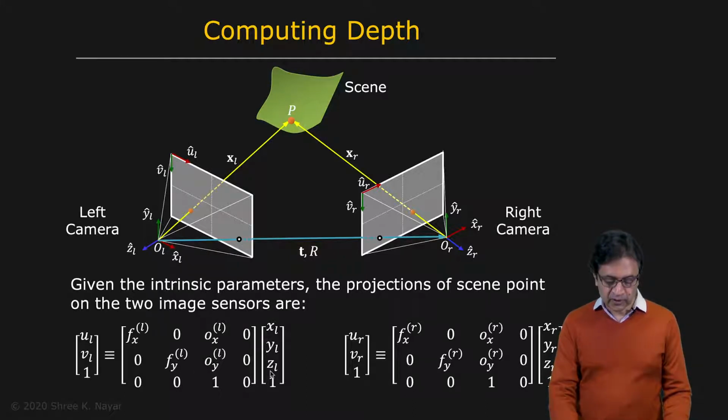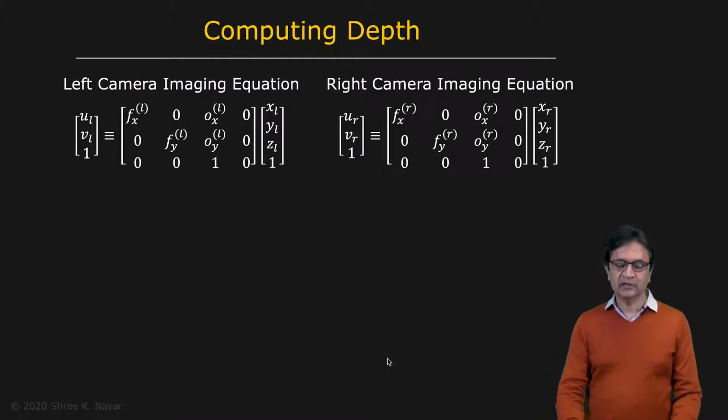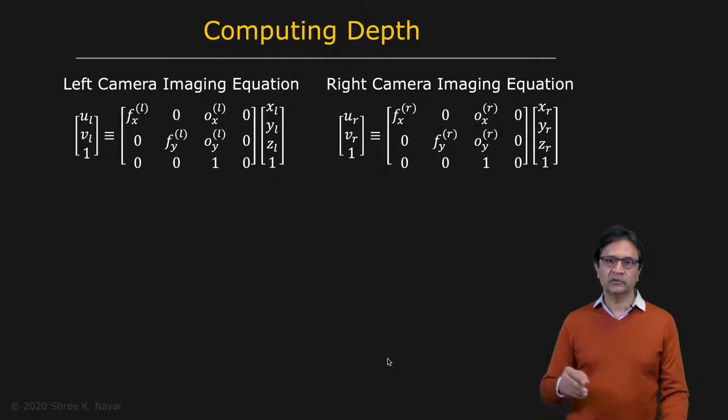This is the point P in the 3D coordinate frame of the left camera being projected onto the image, perspective projection using the internal parameters onto the image plane. These are your image coordinates, homogeneous coordinates, and a similar equation for the right camera. So we'll call these the left camera imaging equation and the right camera imaging equation.